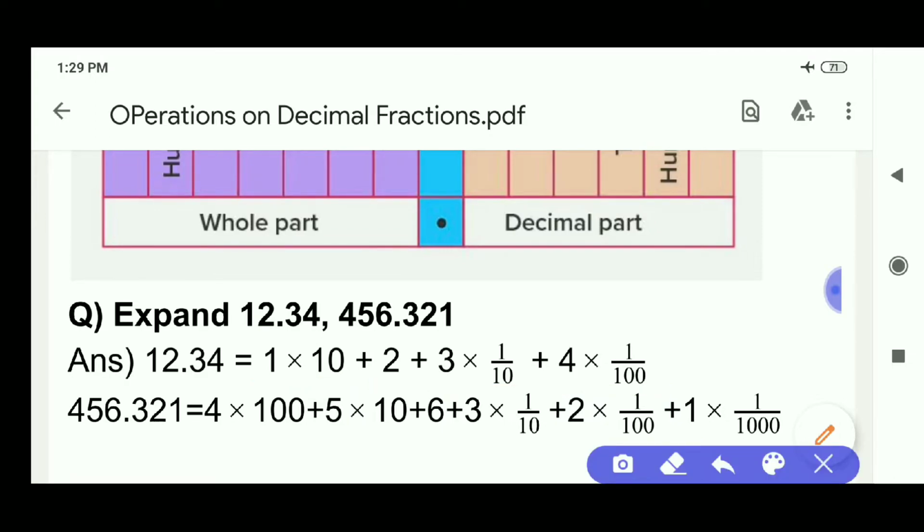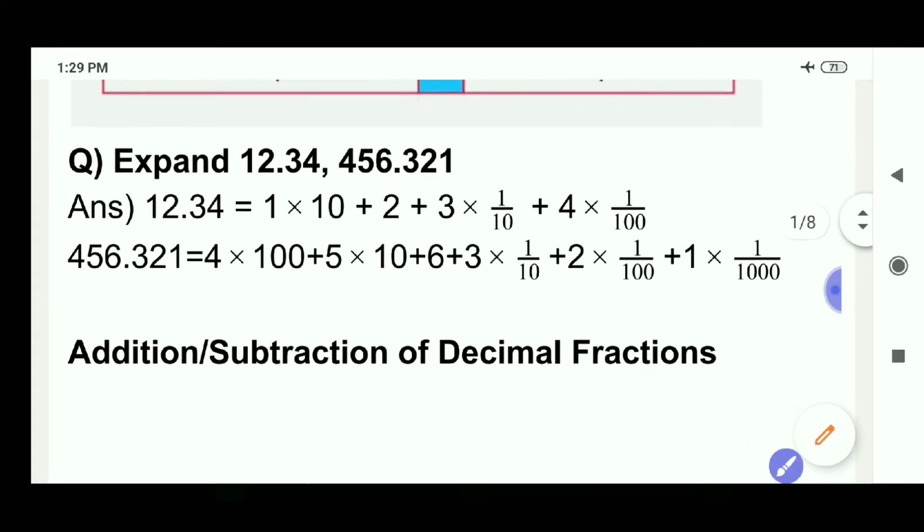One more question. Expand 456.321. That is 4 into 100 plus 5 into 10 plus 6 plus 3 into 1 by 10 plus 2 into 1 by 100 plus 1 into 1 by 1000.